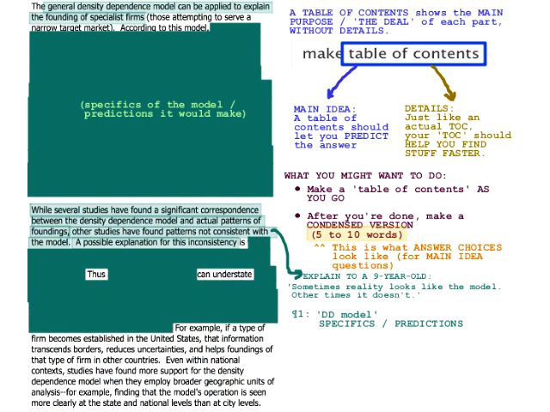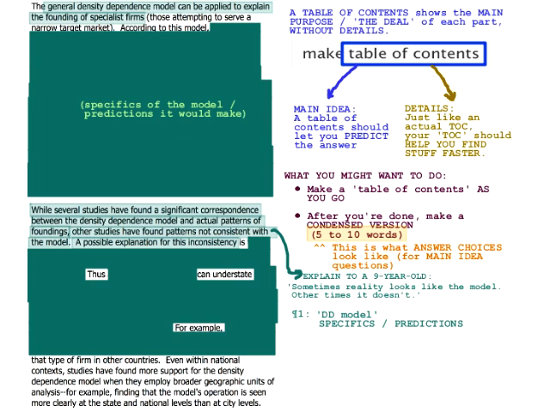And "for example" is definitely another example of what we just said. All right. And then blah, blah, blah, studies have found more support for our model when they employ broader something.